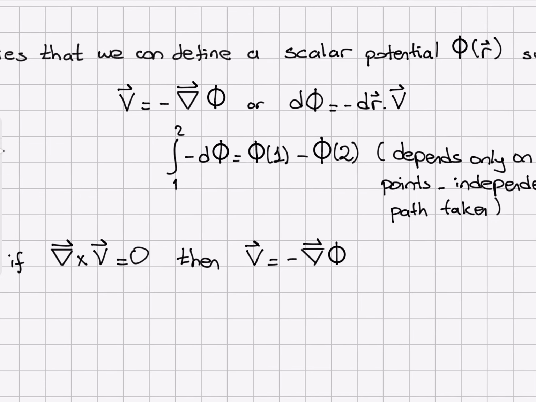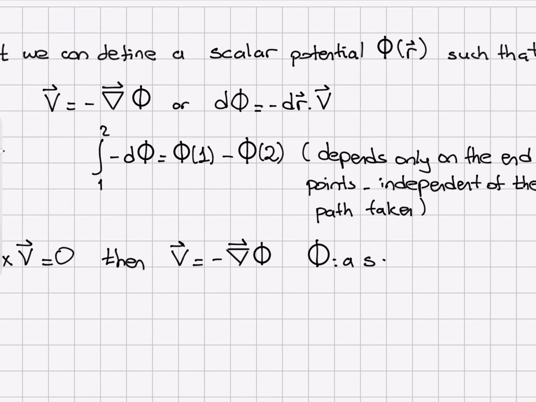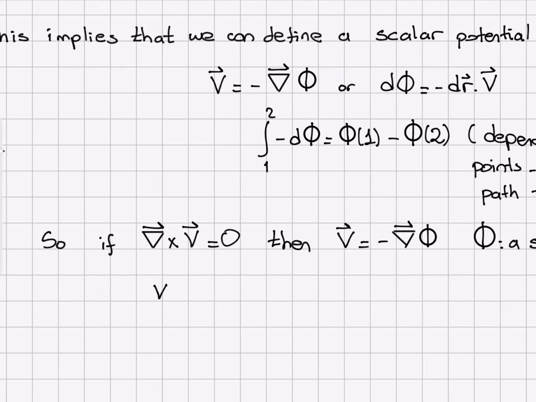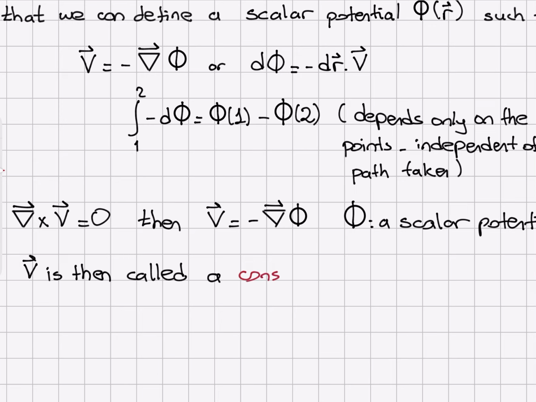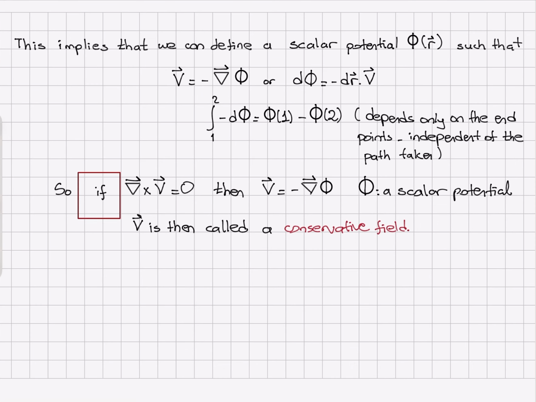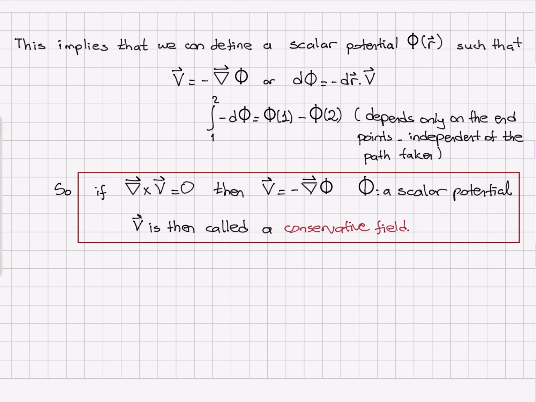So phi is a scalar potential. And in this case, the vector field V is then called a conservative field. All right. So this is an important conclusion.